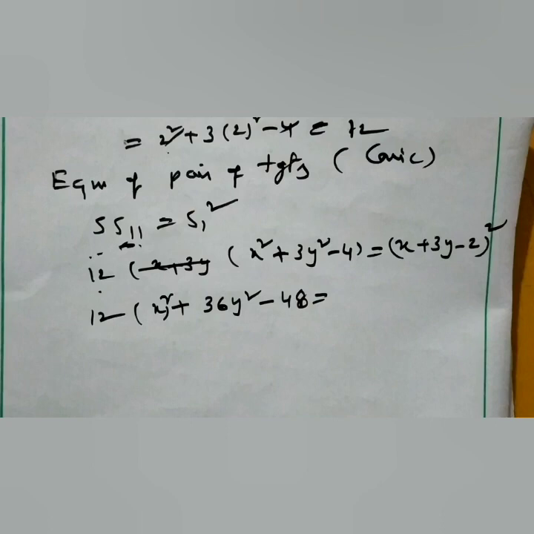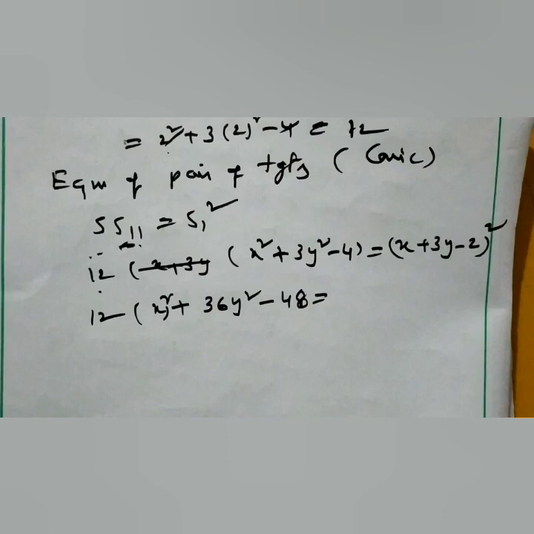This is the quadratic equation in x. What we need is the length of the chord. The formula we already know. So the length of the chord AB, the line is x plus y is equal to 1. The length of chord AB is equal to root d by a into root of 1 plus m square.